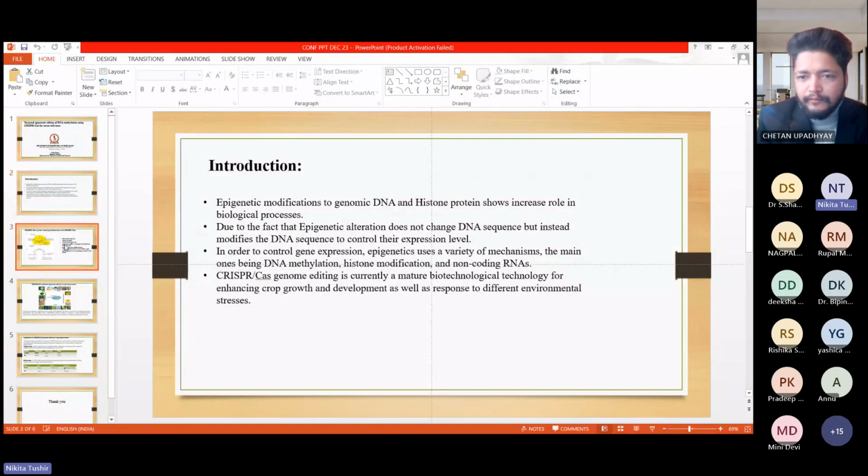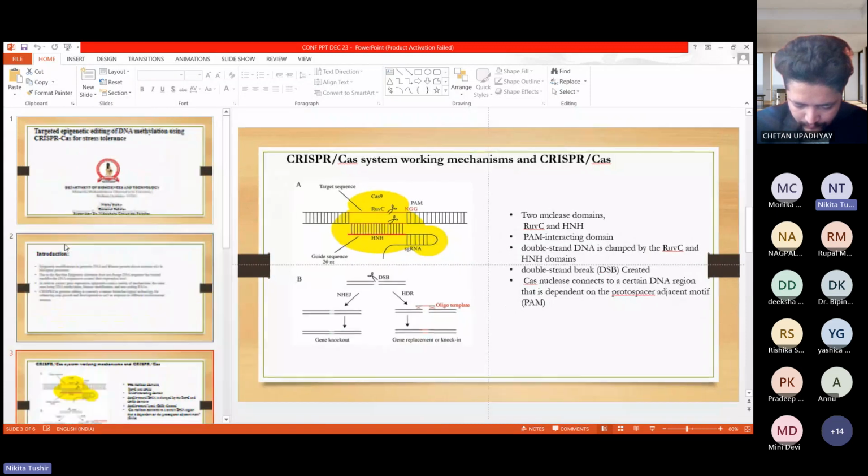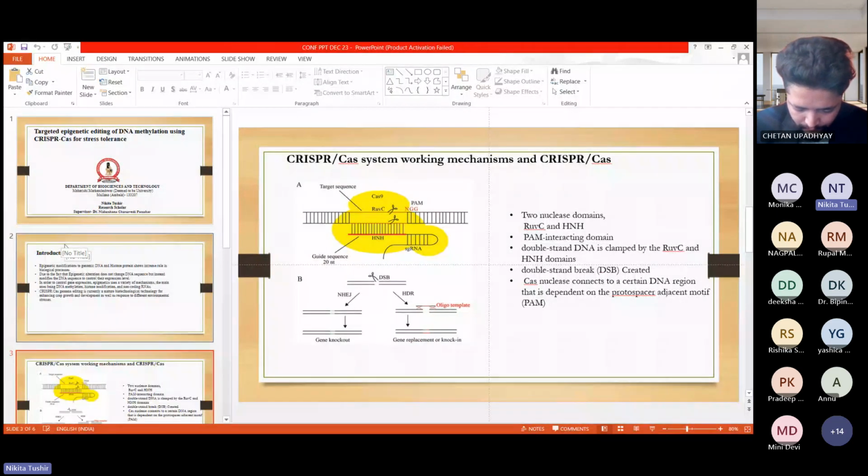Now coming to the mechanism of working of the CRISPR-Cas system. As you can see in the picture, there are two nuclease domains, RuvC and HNH, and a PAM interacting domain.